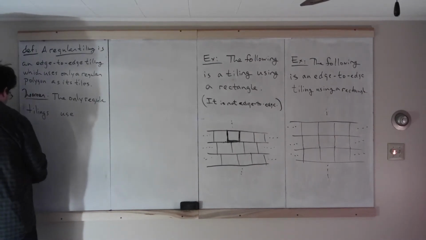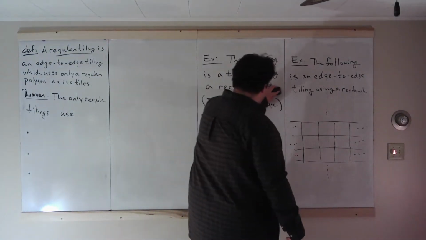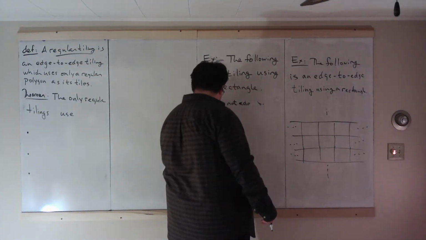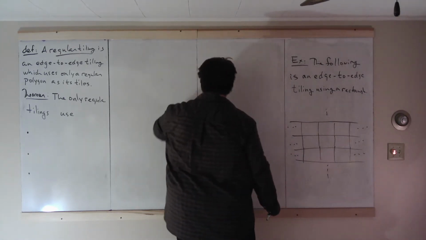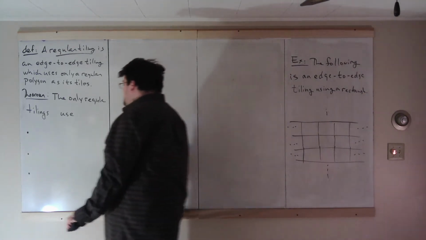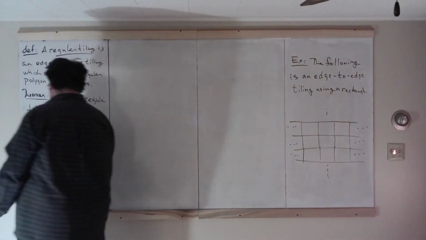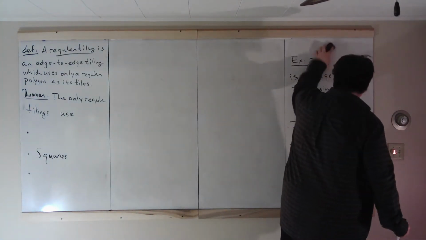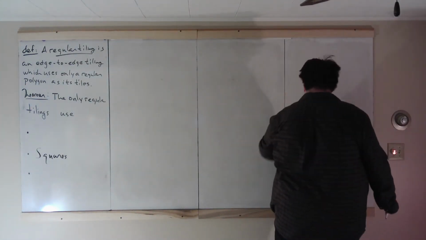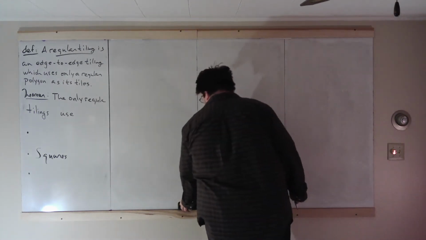One: I'll tell you there are three regular tilings. Well, we've already seen one here with squares, if we say all those rectangles are squares. Squares, I'll put in the second bullet point. Squares are regular 4-gons. What about regular 3-gons?